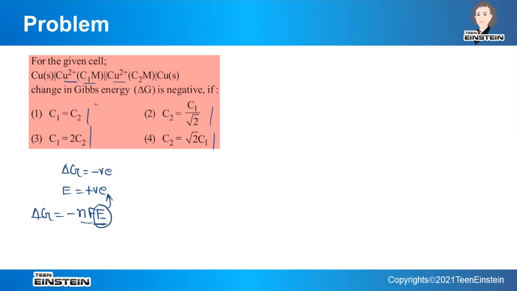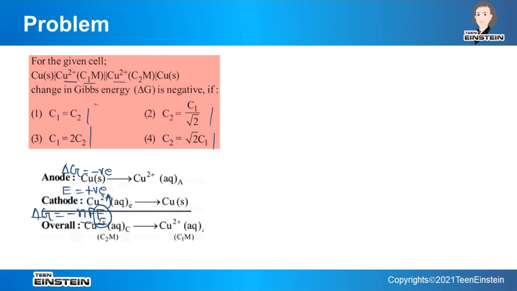Okay, so what we will do, first of all we have to see the equations. So in the anode side, the reaction that is taking place, Cu is converted to Cu2 plus, and here it is aqueous, and here it is written A, because in both cases it is Cu2 plus. If we do not mark it separately, we will be confused.